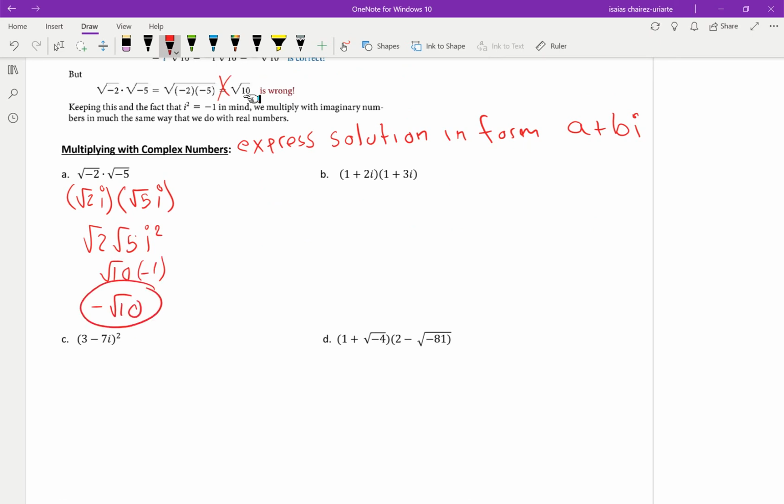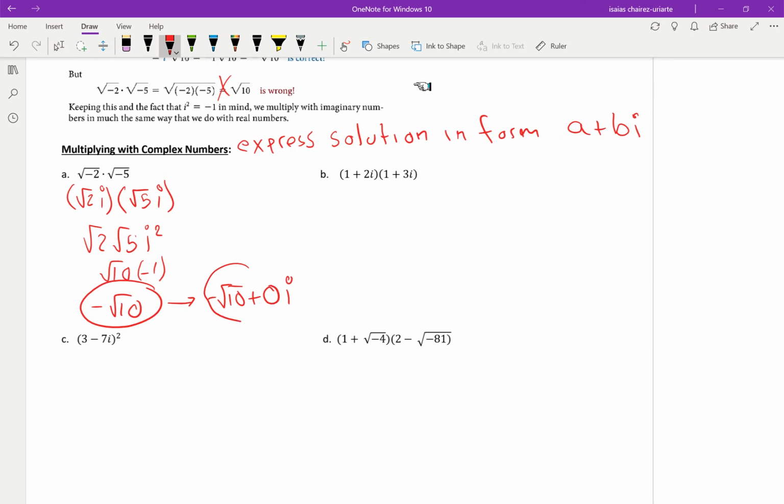That is the multiplication. But then I asked you to express the solution in the form a plus bi. So what I need to do here is, turns out that this is the real part of my complex number. This is the a. What about the b though? I don't see any i involved here. Well, we could write it like this. Negative square root of 10 plus 0i.